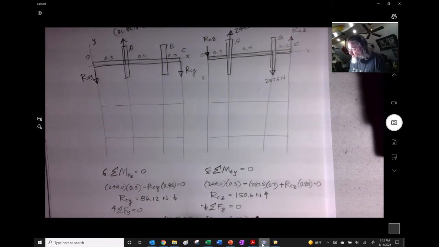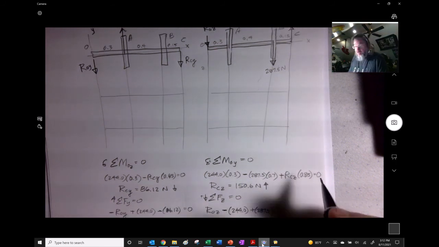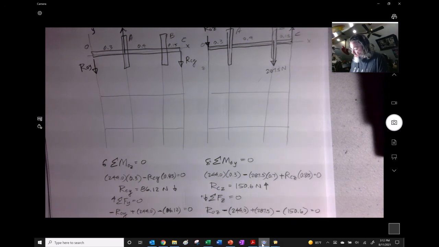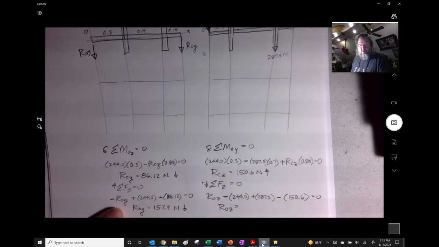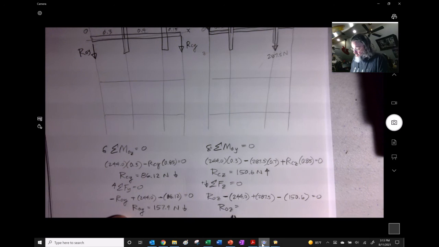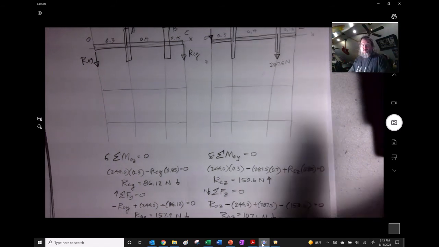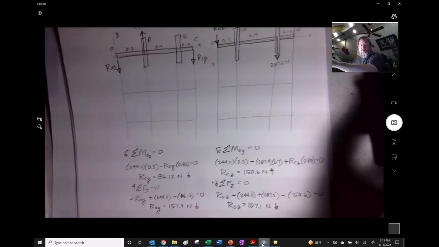And then this one is 287.5. Whoops, there you go. And this one is in the negative direction, 150.6, equals 0. And we get ROZ is equal to 107.1 newtons downwards, right?